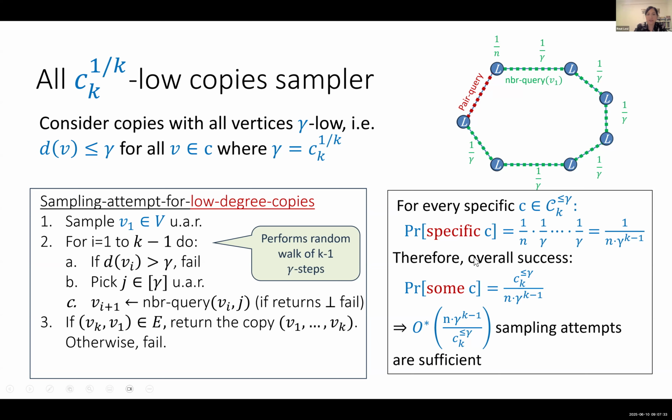Therefore, the overall success probability of this sampler to sample a copy is the number of copies over n times gamma to the power of k minus 1. Hence, if we make n times gamma to the power of k minus 1 over the number of such copies many attempts, then we are able to successfully approximate the number of copies of this type.